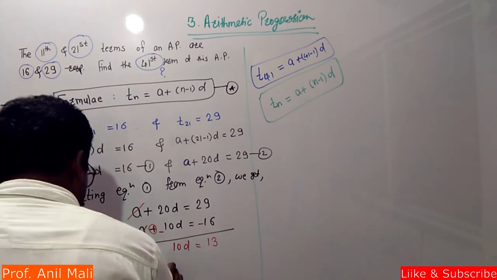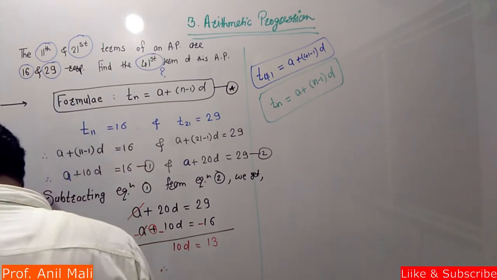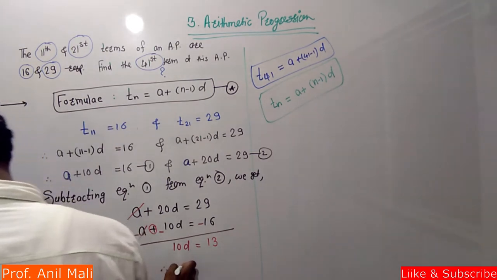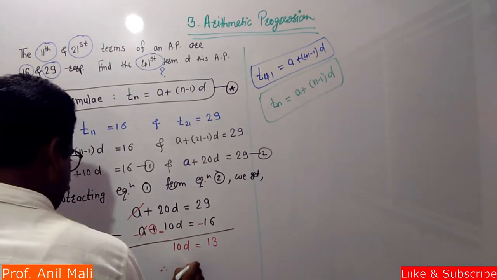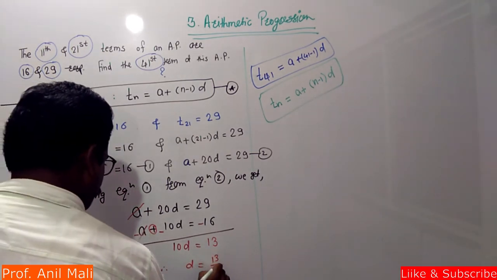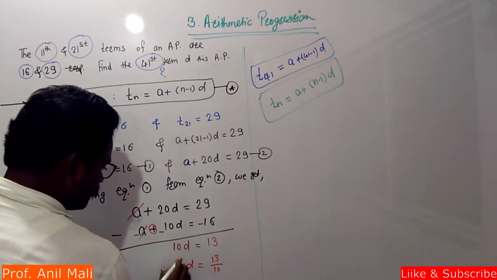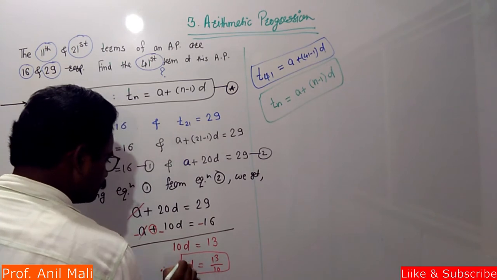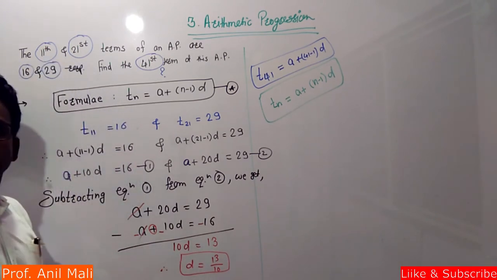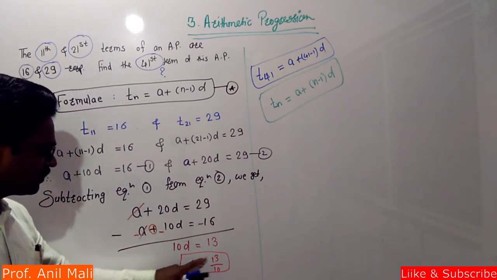Therefore, we can say that d is equal to 13 by 10. This is the common difference. d is equal to 13 by 10.